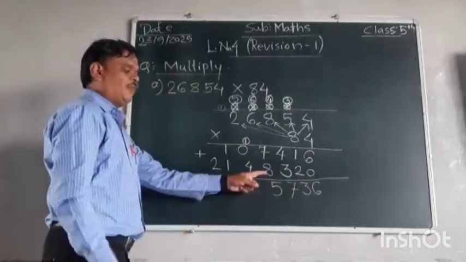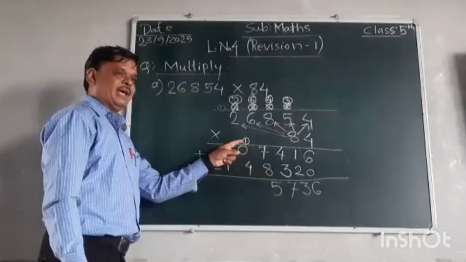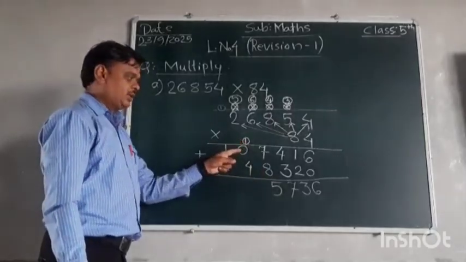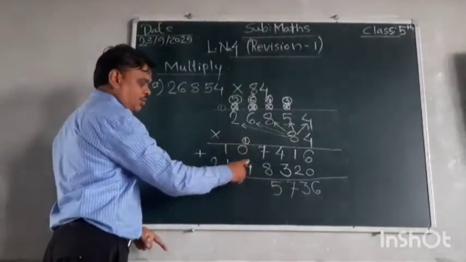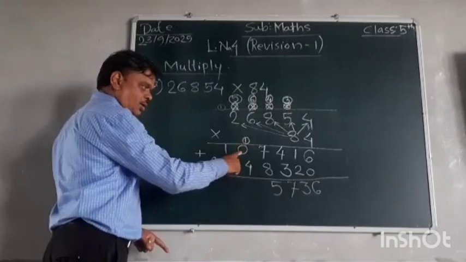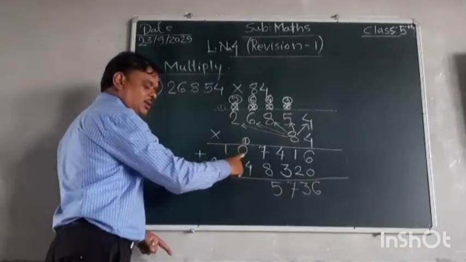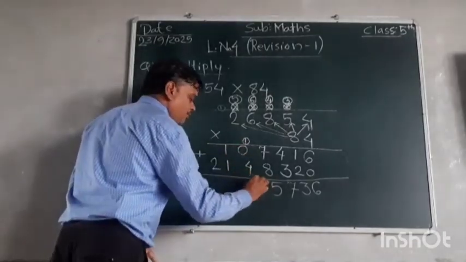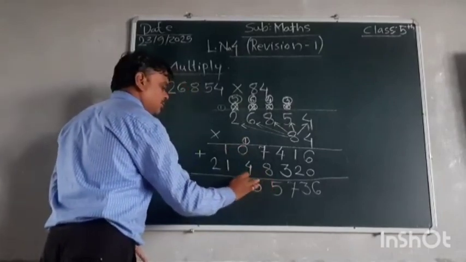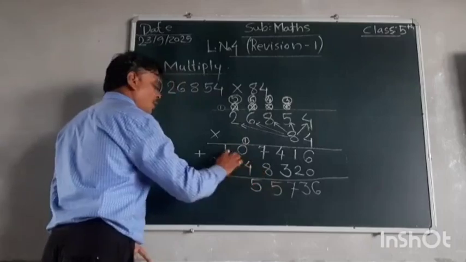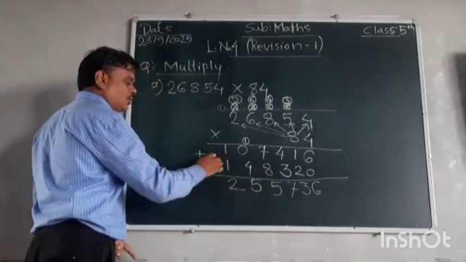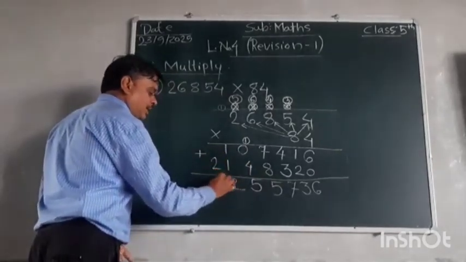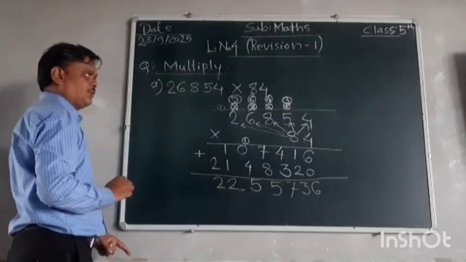So the carry of this addition should be placed just above the product of the first digit. Now 1 plus 0, 1 plus 4, 5. 1 plus 1, 2. And 2 plus nothing, you have to place as it is.